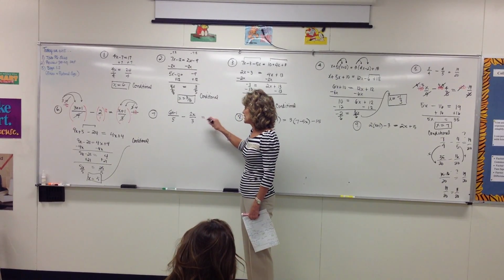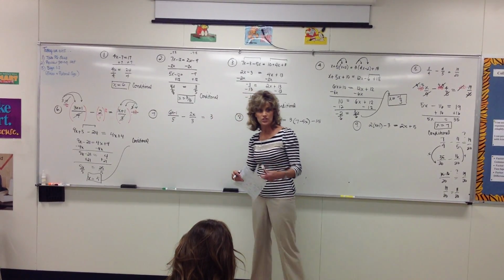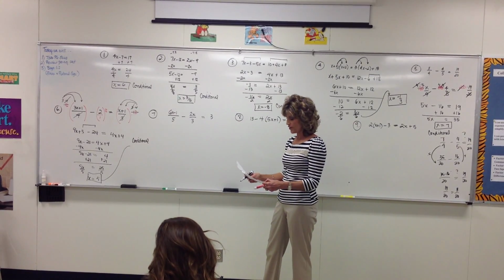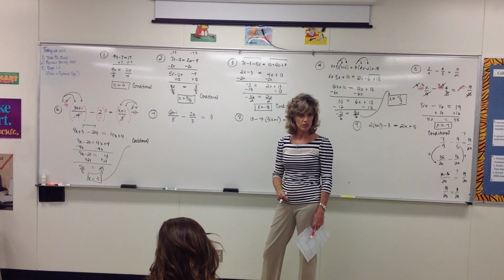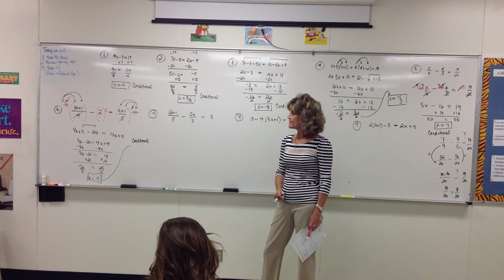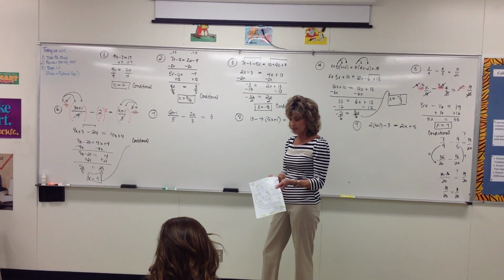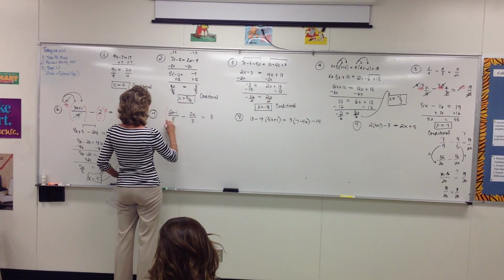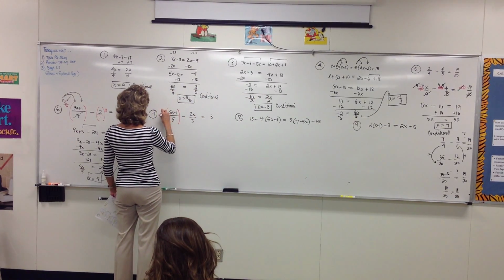But as soon as there's an equal sign there, it's an equation, and now I have a magic trick that will make those fractions go away. What's the common denominator? 15. So we're going to multiply every term all the way across on both sides by 15.